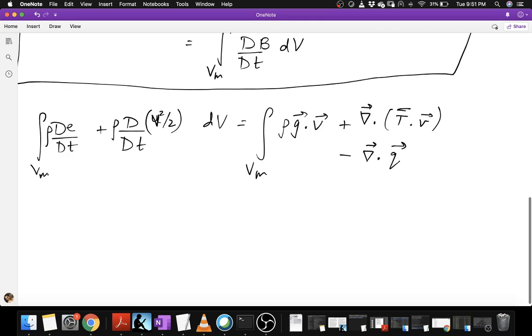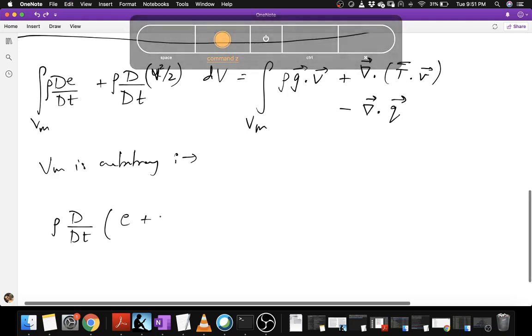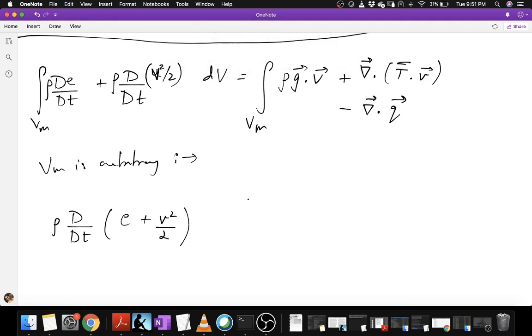So now we can use the fact, as we always do, that the volume is arbitrary, and that ultimately leads us to the point-wise differential equation for the total energy balance, which takes the form rho D/Dt of the internal energy per unit mass plus the kinetic energy term, and this must be balanced by contributions from the work done by surface forces and the work done due to body forces and the input of heat due to the heat flux term.